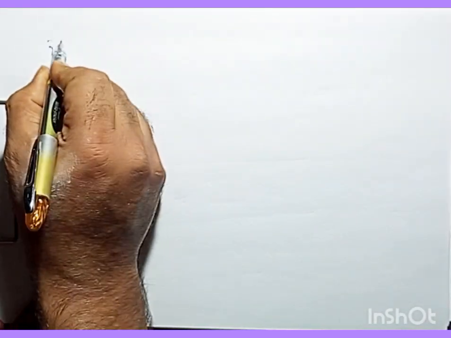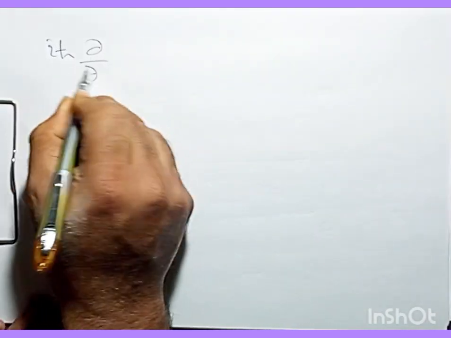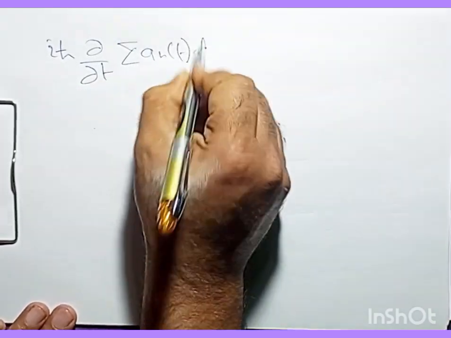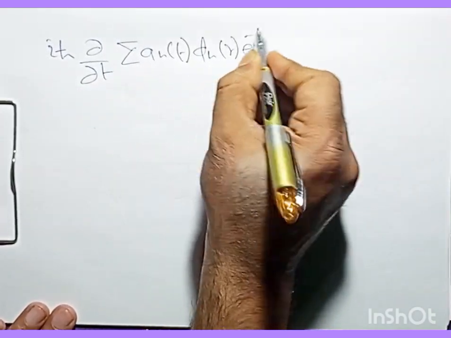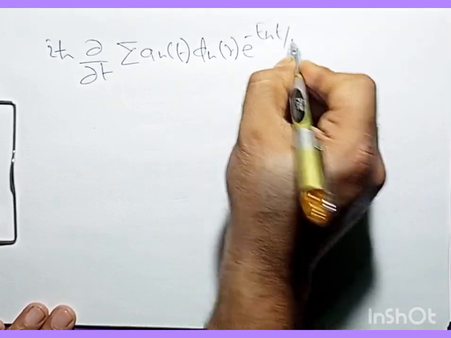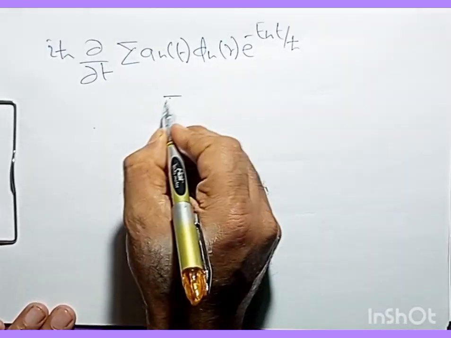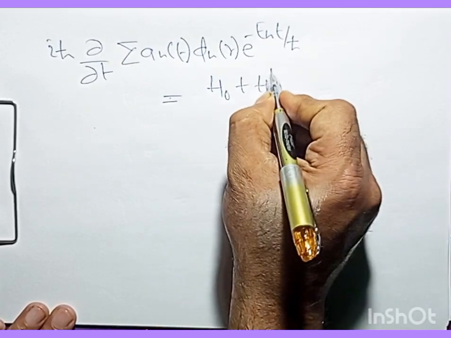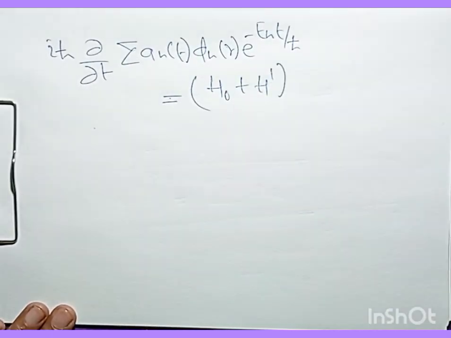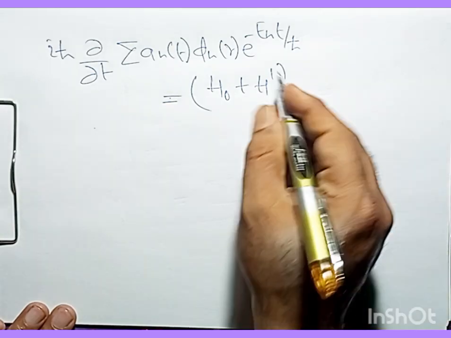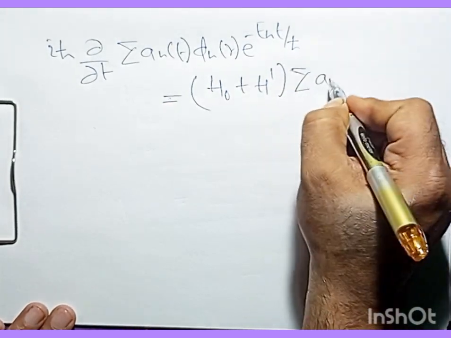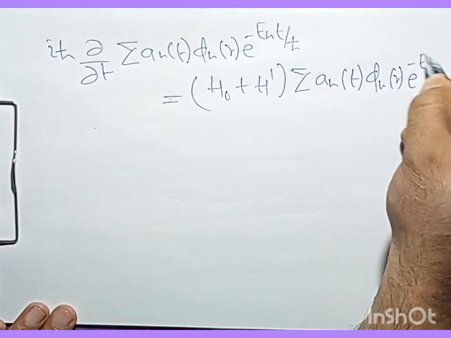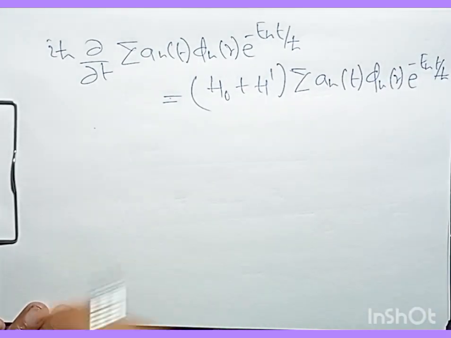So we will have i h cross ∂/∂t of the sum over n of a_n of t, φ_n of r, e to the power of minus i E_n t by h cross, equal to H naught plus H dash times ψ, where ψ is the sum over n of a_n of t, φ_n of r, e to the power of minus i E_n t by h bar.